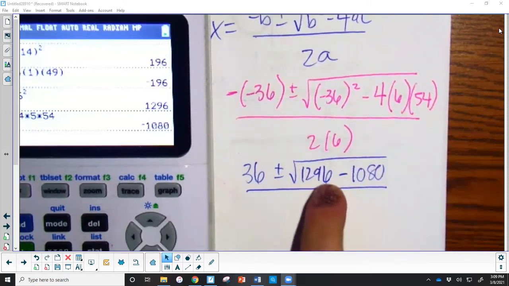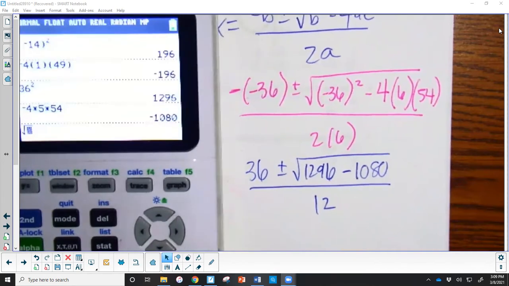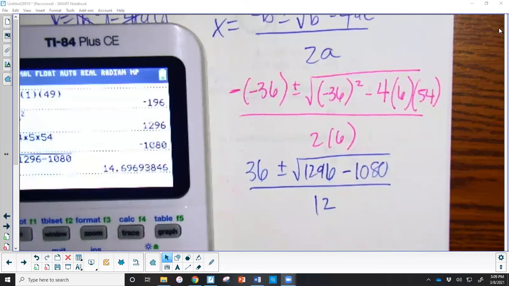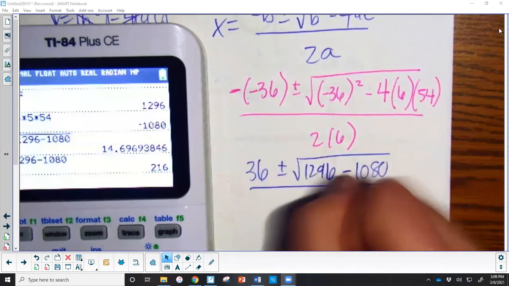Now I'm going to type this in exactly the way that it is. I'm going to type in the square root button, then 1296 minus 1080. Ooh, and that's not a perfect square. So let's figure this out. What did Miss Ingram do wrong? 1296 minus 1080 is 216.